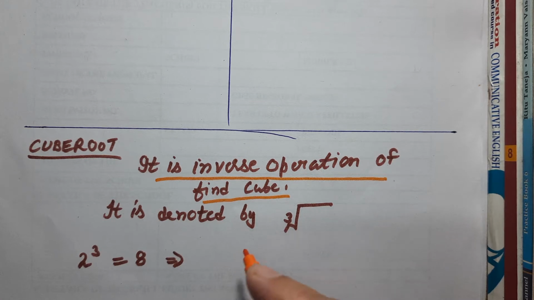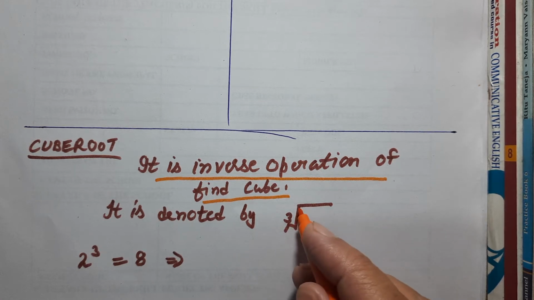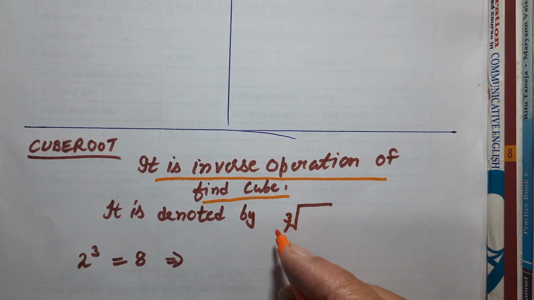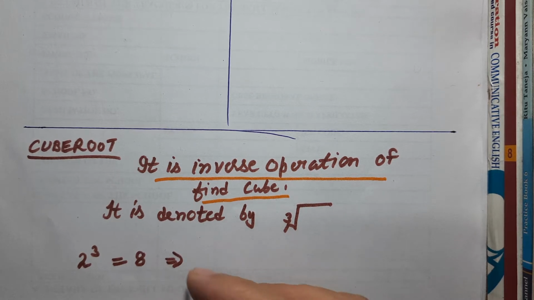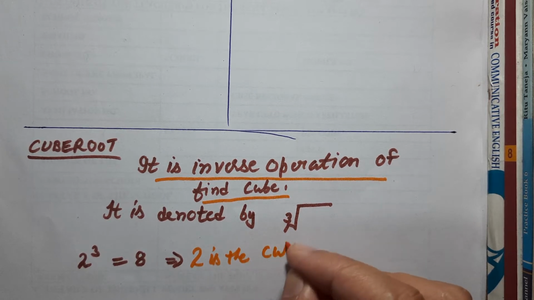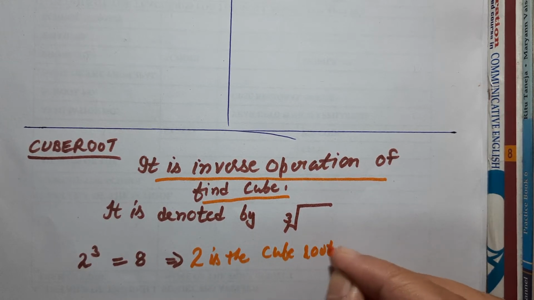How? Just as square root is denoted by 2, cube root is denoted by 3. We will make pairs of 3 and find a single one out. 2 cube is equal to 8. What does it mean? 2 is the cube root of 8.